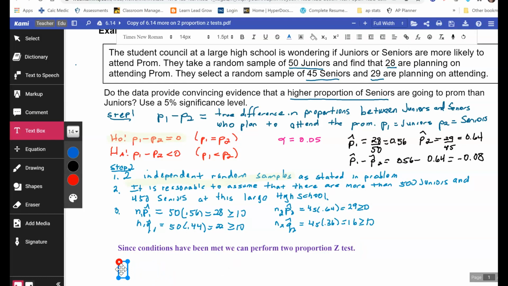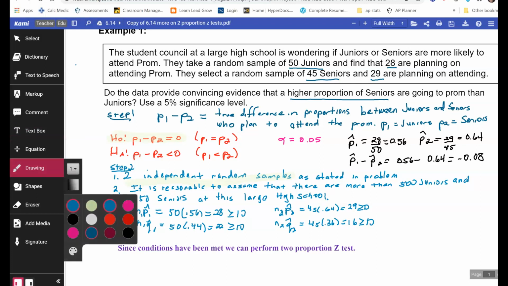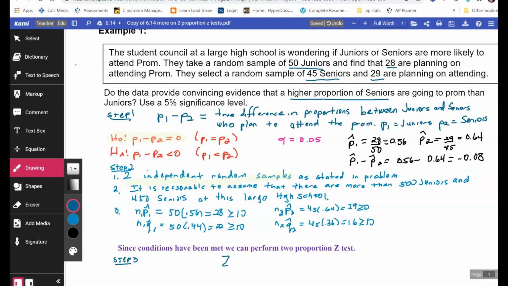Okay, so now we are on step 3, which involves the actual calculations. Let me get my drawing tool out. Here is where there's a little bit of a difference. Since we're dealing with proportions, we're using a z-test statistic.